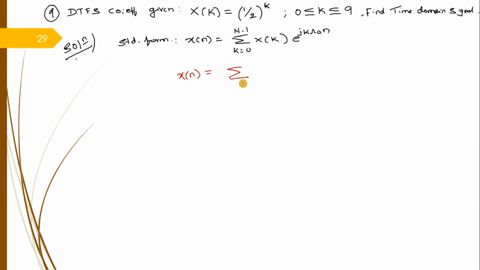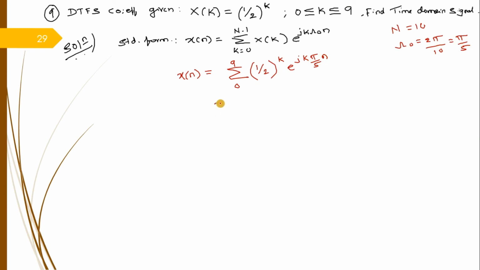Summation, range is given from 0 to 9. X of k is given as 1 by 2 raised to k, e raised to j k omega naught n. If n ranges from 0 to 9, it is a total of 10. So omega naught is 2 pi by 10, or else pi by 5. So I can write it as pi by 5 n.